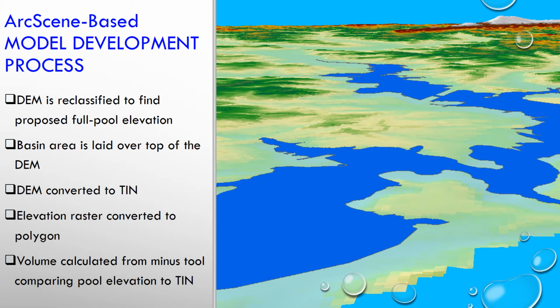So we overlaid that on top of the DEM. Then we converted the DEM to a triangular irregular network, the TIN, which is the ArcScene based 3D representation of the DEM. Then the elevation raster got converted to polygon, and the volume got calculated from the Minus tool, comparing pool elevation to the TIN raster.